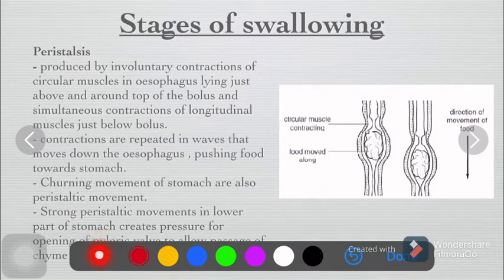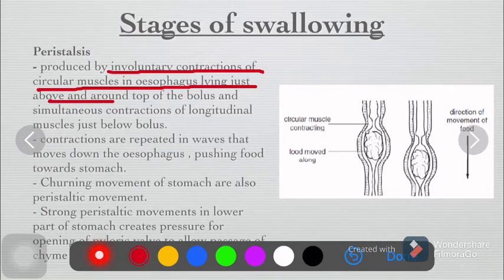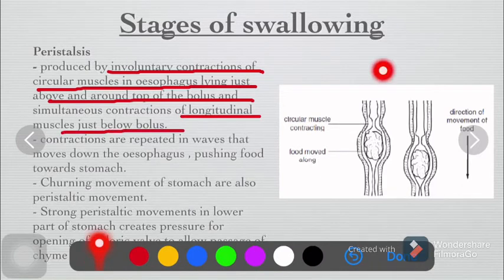Peristalsis is produced by involuntary contraction of circular muscle in the esophagus lying just above and around the top of the bolus, and simultaneous contraction of longitudinal muscle just below the bolus. So peristalsis is actually produced by involuntary contractions which are not in our control, and is directly controlled by the centers in the brain.